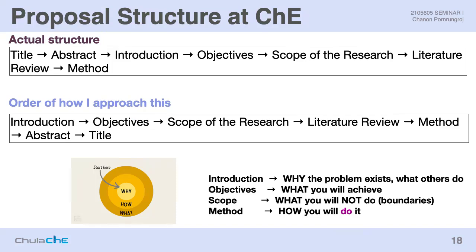And then you end with the approach that you will take, and then you follow with the objective. Objective is normally one, I'm giving you the summary again. One objective. For a PhD, maybe 2 or 3 objectives. Scope of research: you mention what you will do and what you will not do. Literature review: only the important things that are relevant to your research.